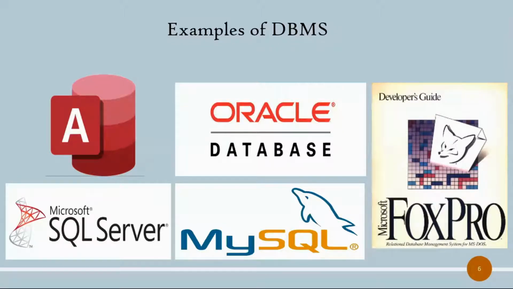But the way they used to access data is not the way these modern database management systems manage the data. So it is an old database management system which was designed by Microsoft in the 1900s. It is an example you could also use.